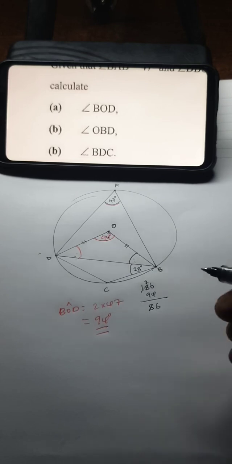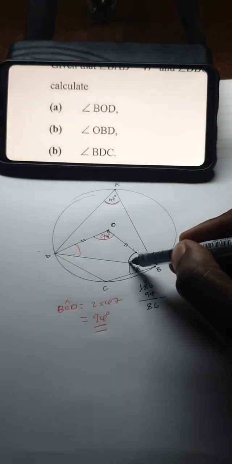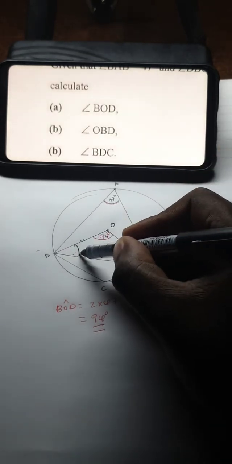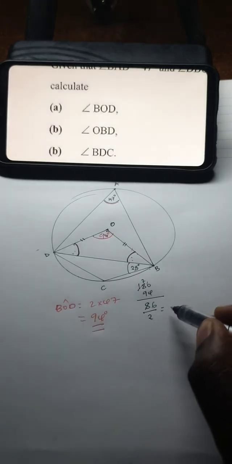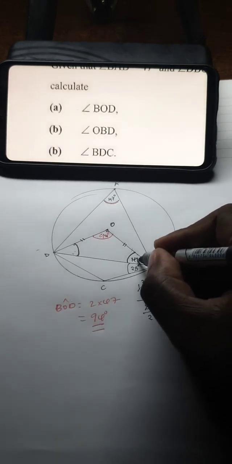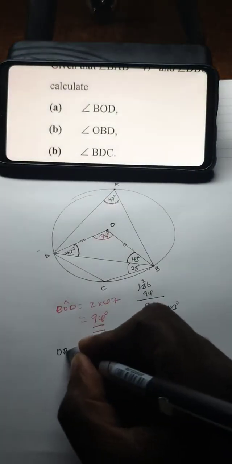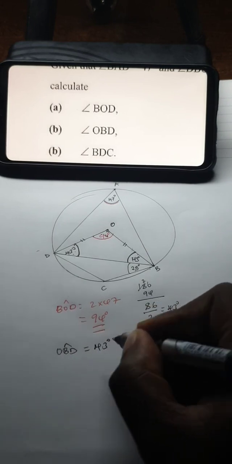So it's 86. Then, because this length and that are equal, that means this angle and that angle are also equal. So we divide 86 by 2, which will give us 43. So here it will be 43 degrees, and here 43 degrees, making our OBD 43 degrees.